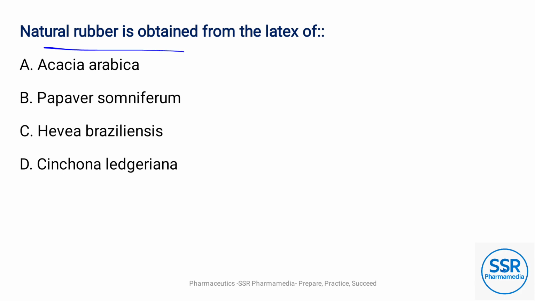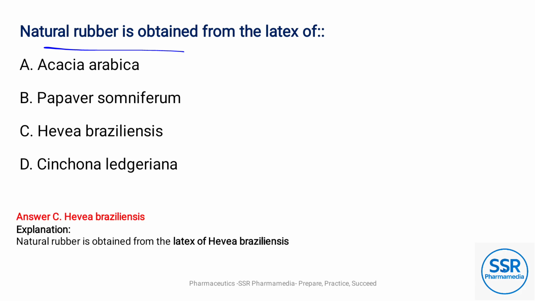Natural rubber is obtained from the latex of, option C, Hevea brasiliensis.